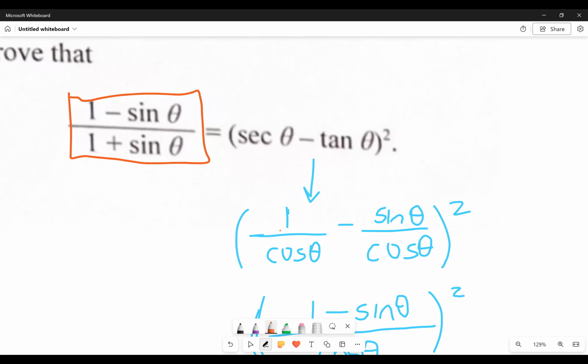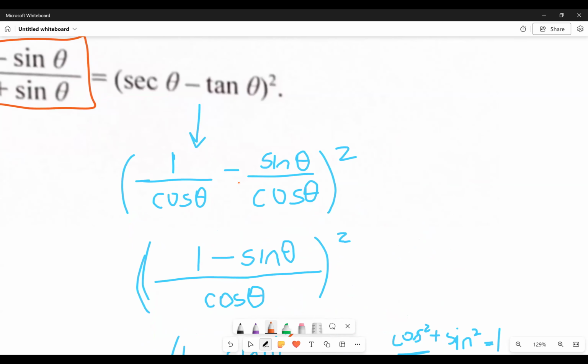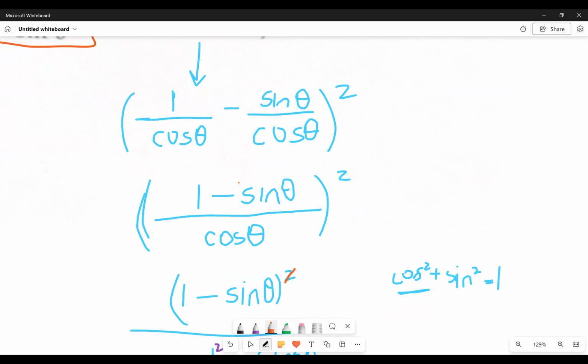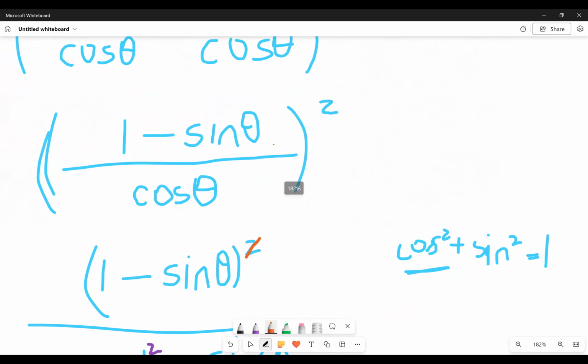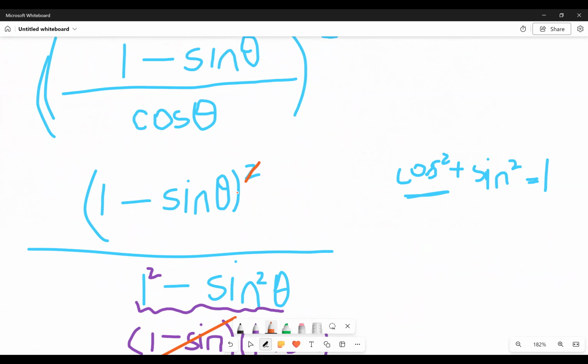So we're going to turn it from 2 fractions into 1 fraction. In this case, we have 1 minus sine theta all upon cosine. We have the square outside, so we're going to square the denominator and the numerator. Square the numerator, we have 1 minus sine theta all squared.